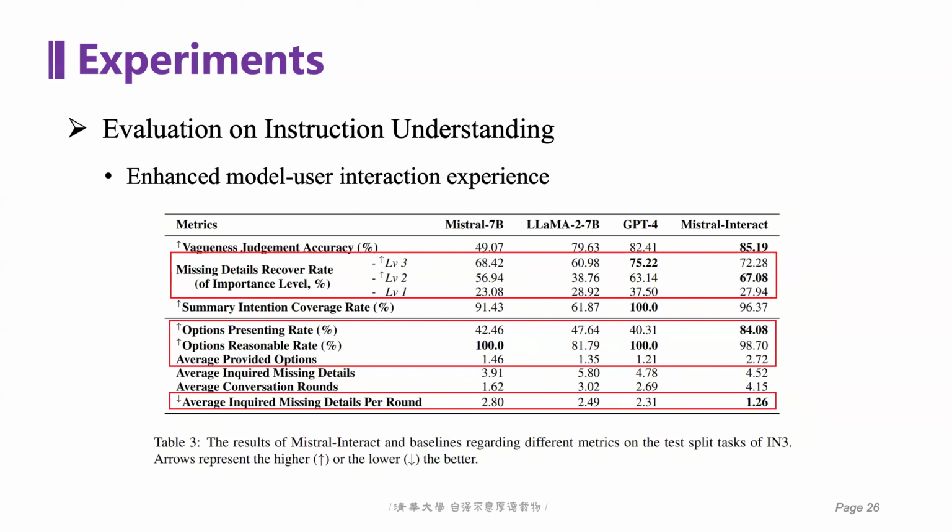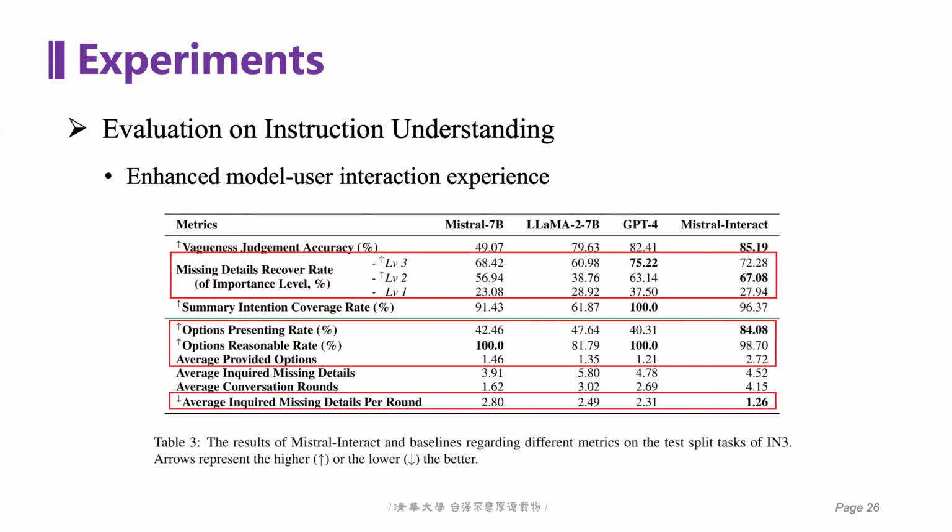We can see here, during our inference time, the average inquired missing details per round is also lower for the Mistral-Interact model. What this means is that the agent model does not just throw a bunch of queries directly at you. It asks the queries one by one and inspires the user to answer.